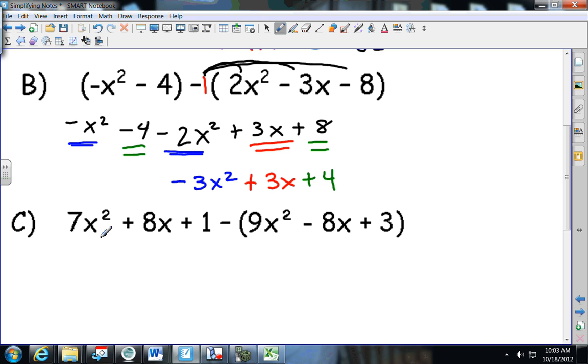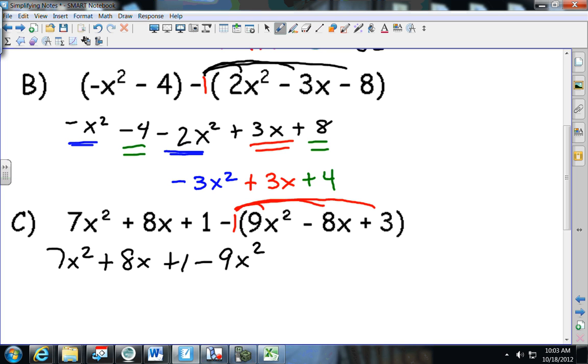Letter C. The first part stays the same, 7x squared plus 8x plus 1. There is the negative in front of the parentheses, so negative 1 times each one of these terms right here. So I have negative 1 times 9x squared, negative 9x squared. Negative 1 times negative 8, positive 8x.